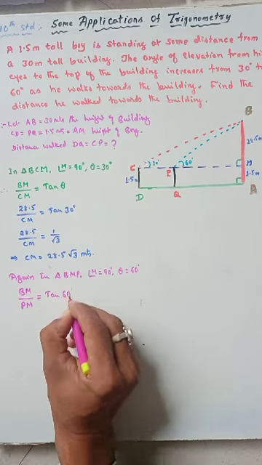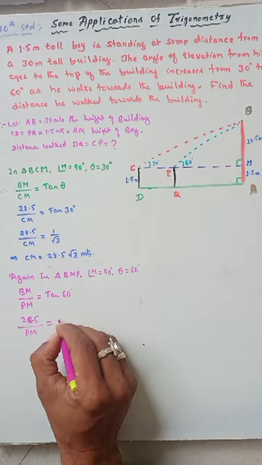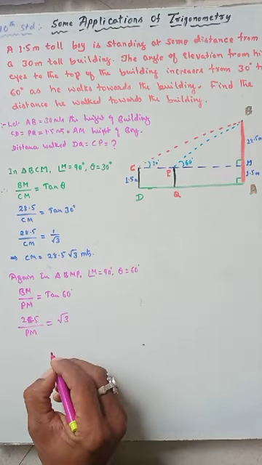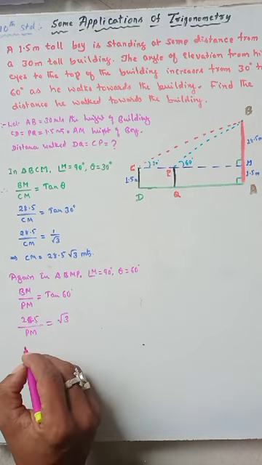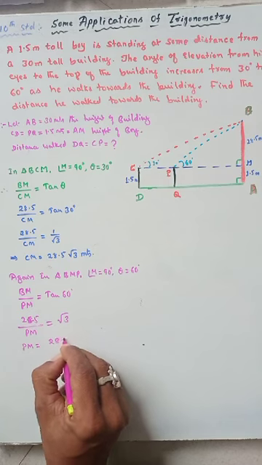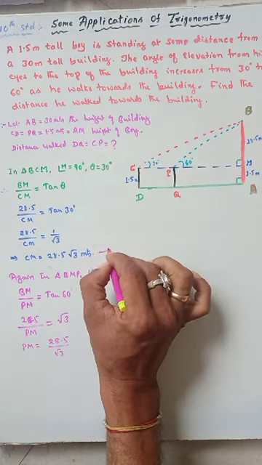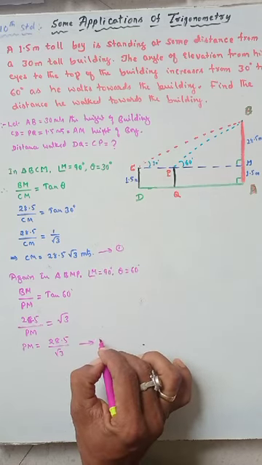Now BM is again 28.5, so 28.5 by PM, we don't know PM, you keep as it is, is equal to tan 60, which is root 3. Now cross multiply, you will get PM is equal to 28.5 by root 3. So let me call it equation 1, and this equation 2.